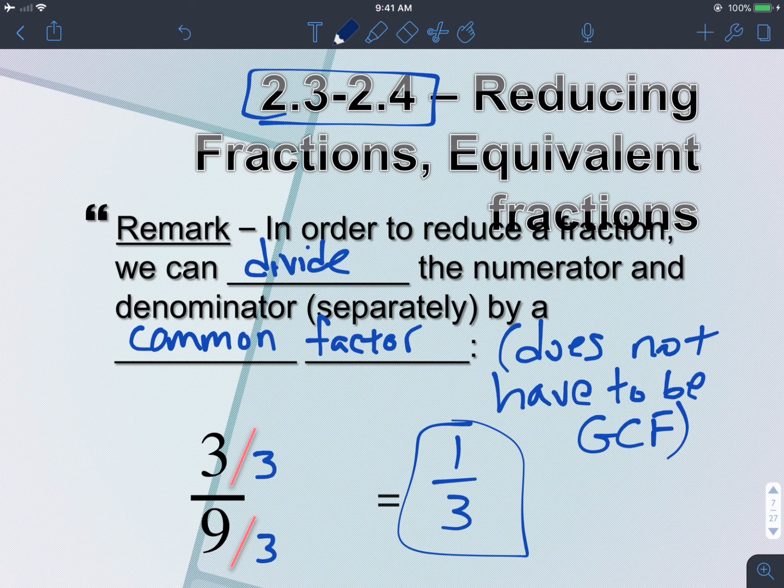In order to reduce a fraction, divide the numerator and denominator by a common factor. Okay.